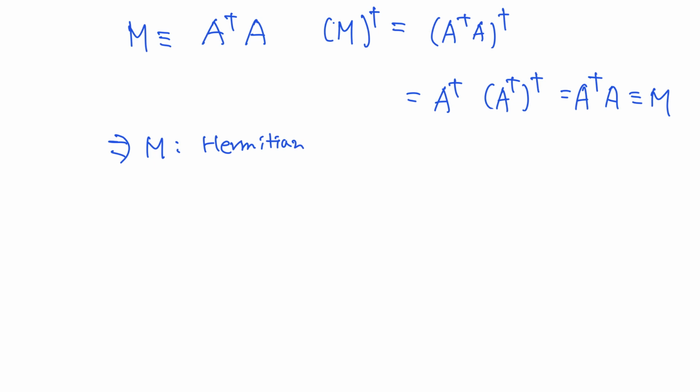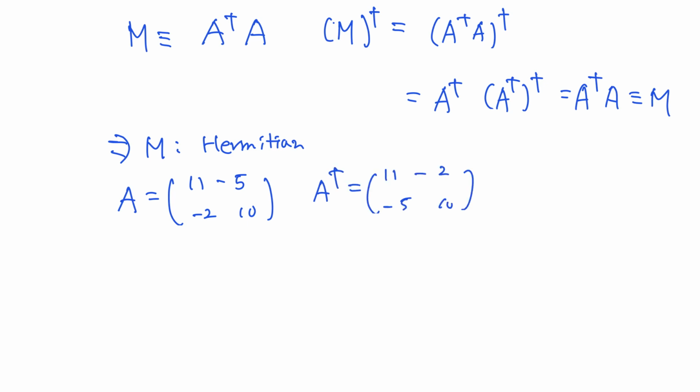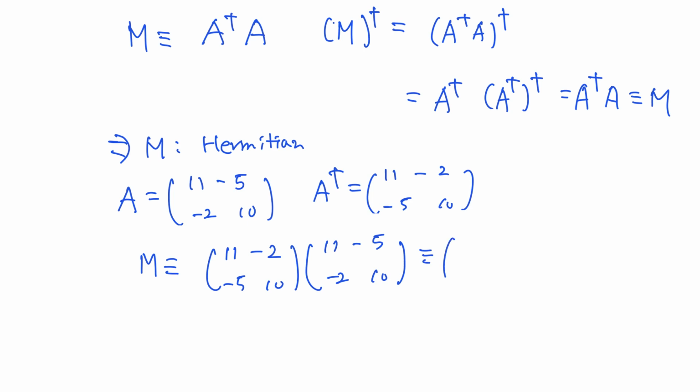And actually, we have done this. Particularly, A is 11, minus 5, minus 2, 10. A dagger is 11, minus 2, minus 5, 10. M is given by the product, which gives 125, minus 75, minus 75, 125.